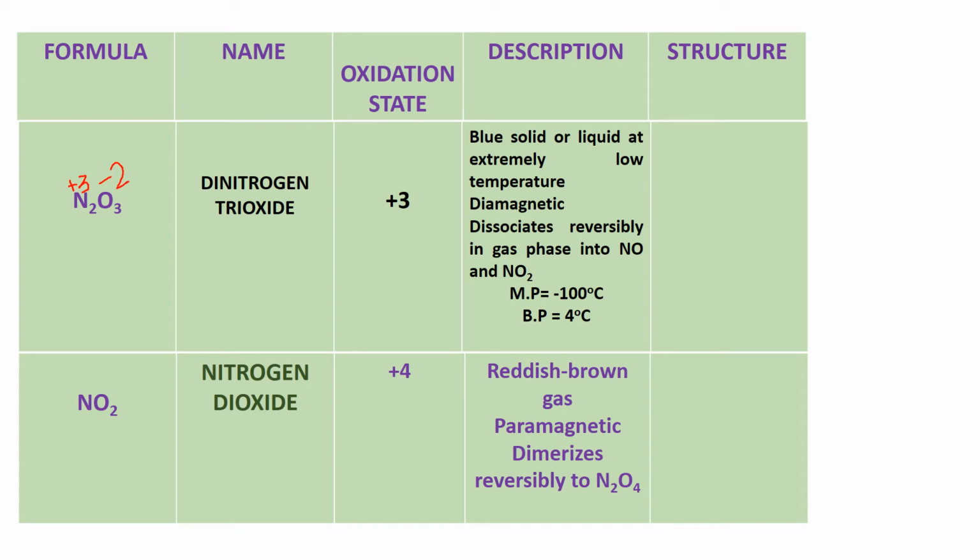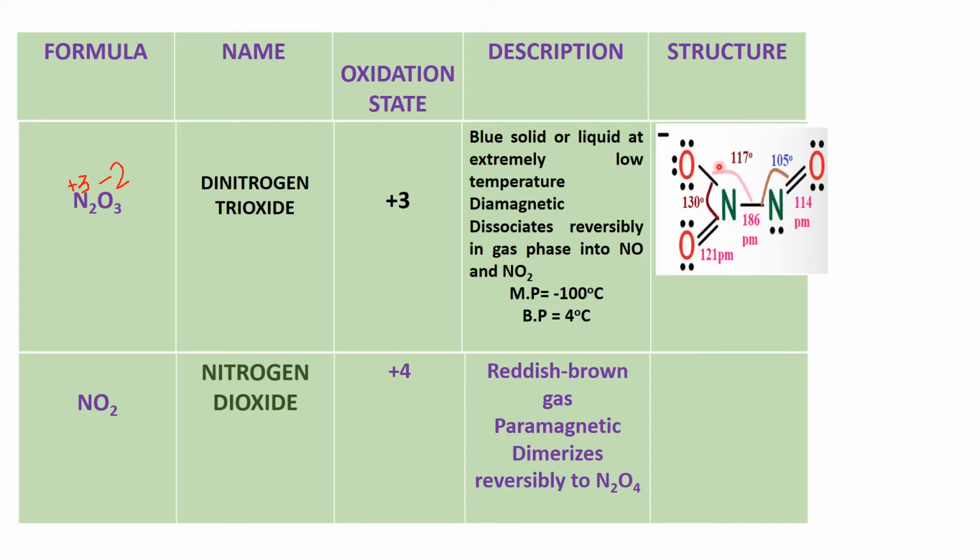It is a blue solid or blue liquid at extremely low temperature. It is diamagnetic in nature and dissociates reversibly in the gas phase into nitric oxide and nitrogen dioxide. Its melting point is -100 degrees Celsius and its boiling point is 4 degrees Celsius.